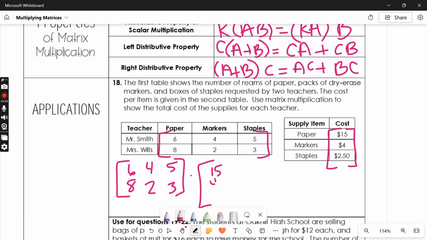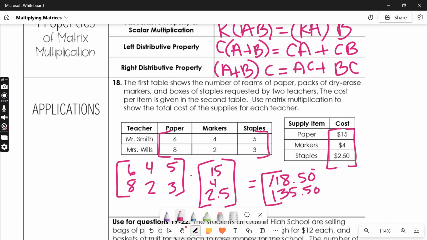And again, you can either use your calculator or you can do it by hand. Either way. Okay, when I multiply these, it's going to give me, it says use matrix multiplication to show the total cost of supplies for each teacher. So my first number is 118.50, and I'm going to put the 0 since it's money, and 135.50.